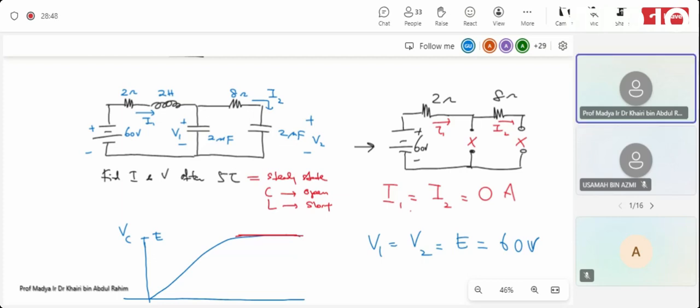Right, so let's try another example so that you get familiar.